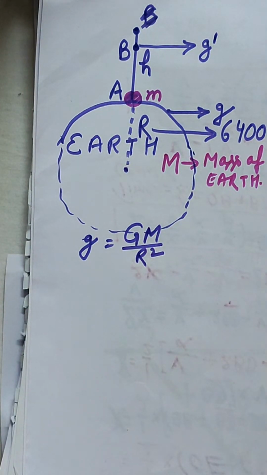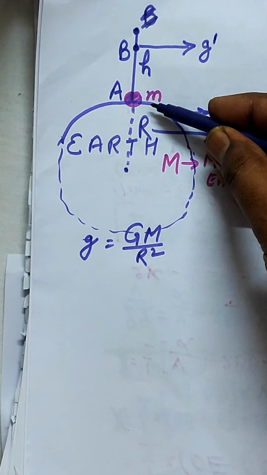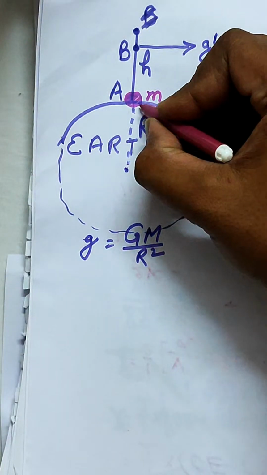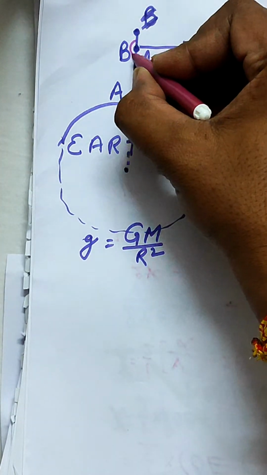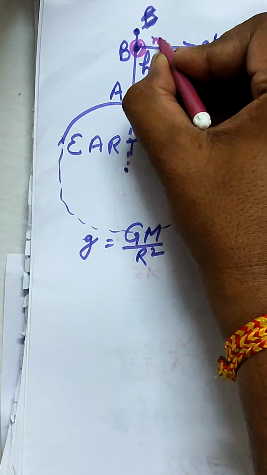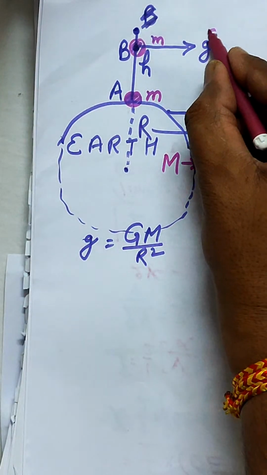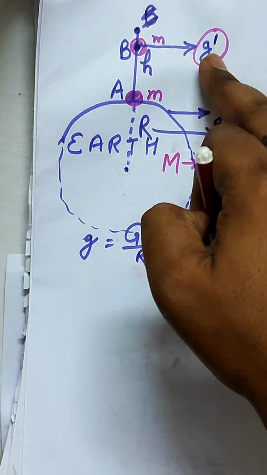Now suppose this body m is taken to a height h, here h is this height, and after taking it up to a height of h, this mass m is approaching over here, right?